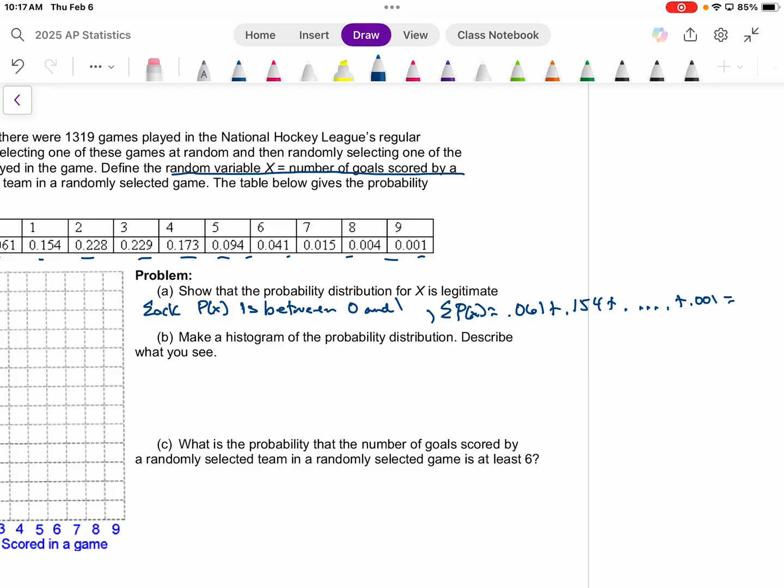So supporting it with each P of X is between 0 and 1 gets credit for that first characteristic. Doing what I just wrote there, the sum of P of X equals the first couple numbers plus dot, dot, dot, which indicates to the reader, hey, I'm adding up all the next of them together, and I'm going to stop when I get to this last number. And then what's my answer?